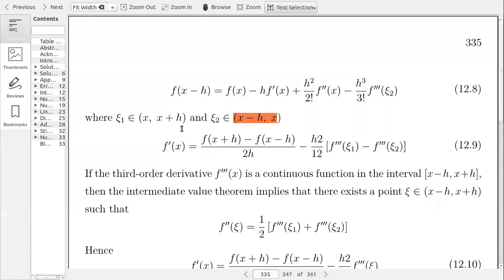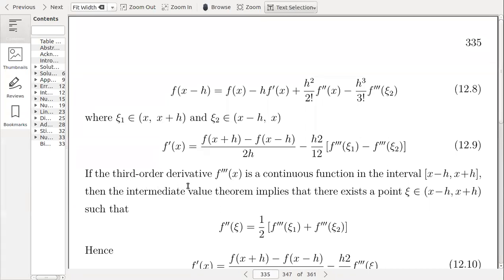And then we have the first derivative as f of x plus h minus f of x minus h over 2h minus h square over 12 times f triple prime of xi1 plus f triple prime of xi2.